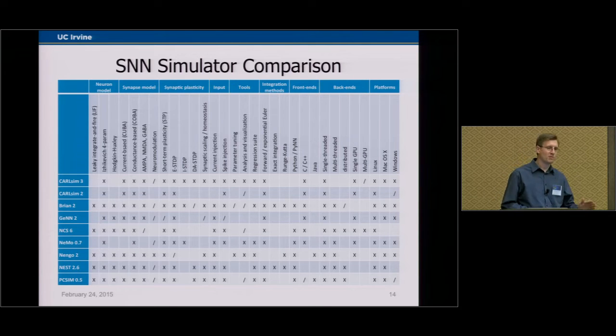We have a partial implementation of multi-GPU, which means we can run across GPU cards, but only on the same machine. So we're trying to move to something where you can do multi-GPU across many machines. It's worth pointing out that NCS6 is the only publicly available simulator right now that can do multi-GPU and multi-CPU. But overall, we think we compare favorably.